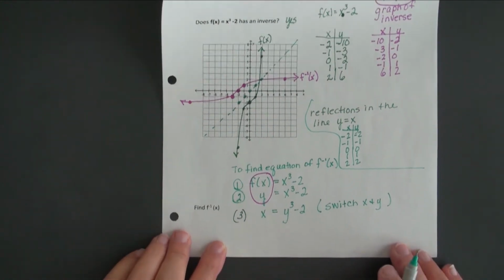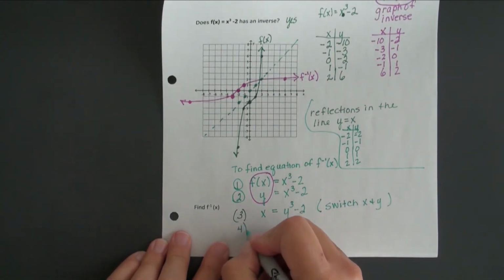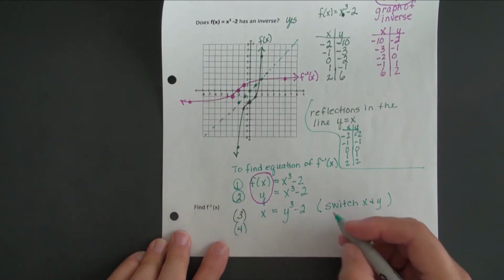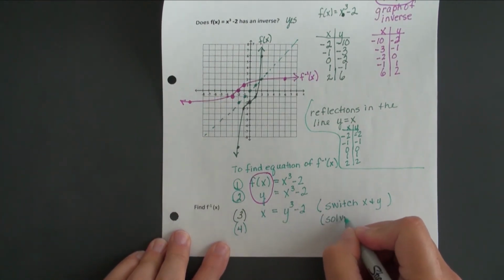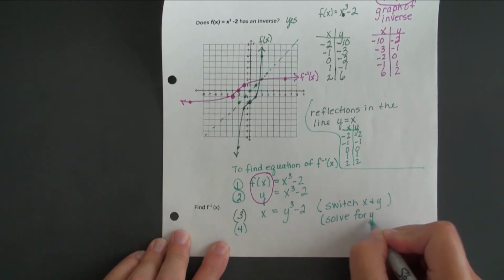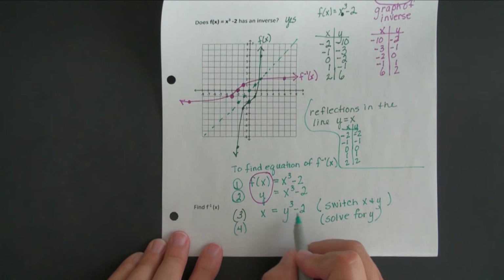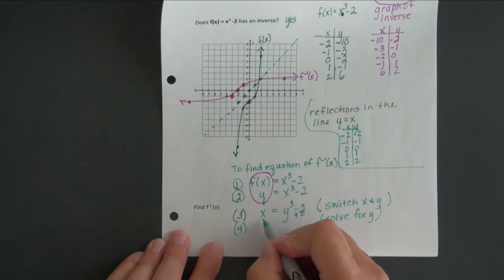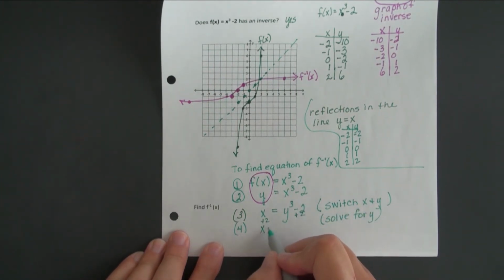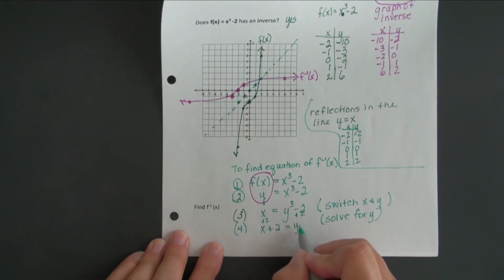Then in the fourth step, we're going to rearrange this equation so that we have solved for y. In order to do that, I'm going to add 2 to both sides. So x plus 2 equals y to the third.